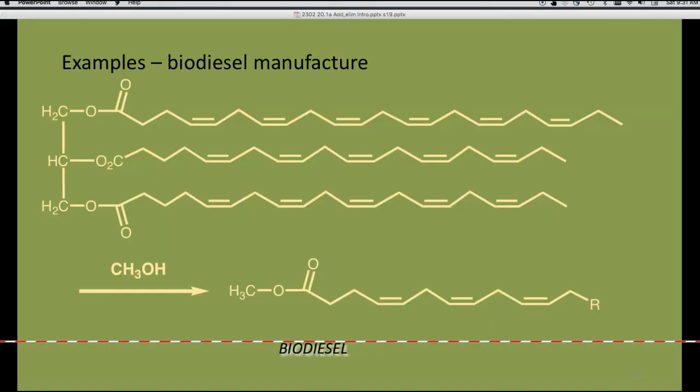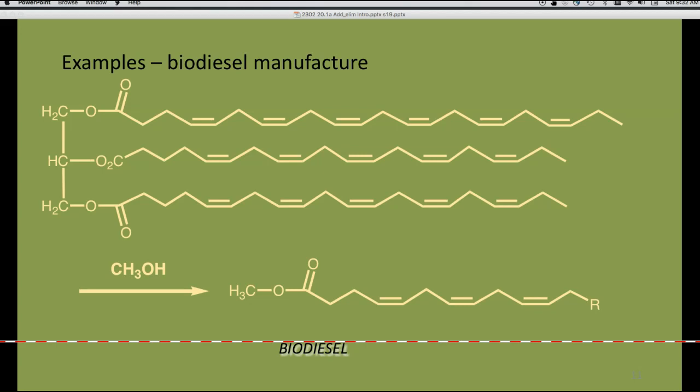All right, so this is an important reaction. Transesterification is the reaction behind the manufacture of biodiesel. So this is a particularly interesting triacylglyceride, aka a trilipid, if you will. This is expressed from algae.